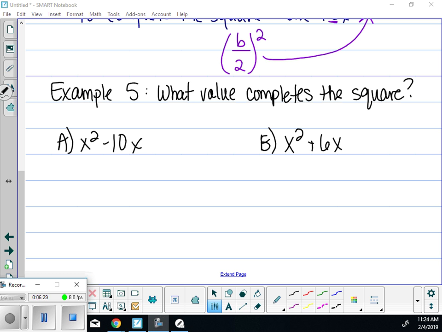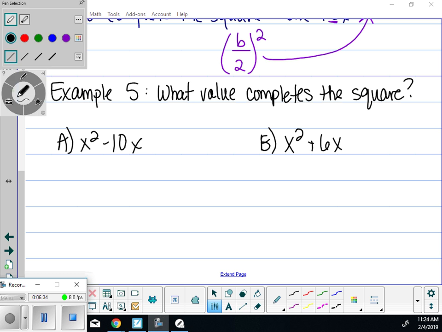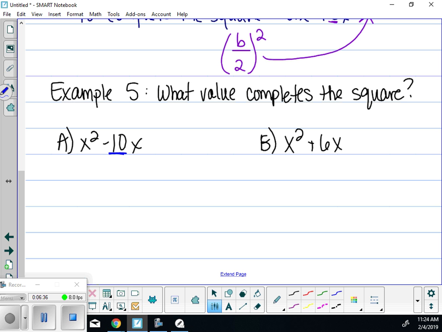So the way that we calculate that is we look at the number in front of x. We take that number, we divide it in half. Divided by 2, what do we get? -5. Then we square that number. -5 squared is? -5 times -5 is 25. The number that completes the square is 25.